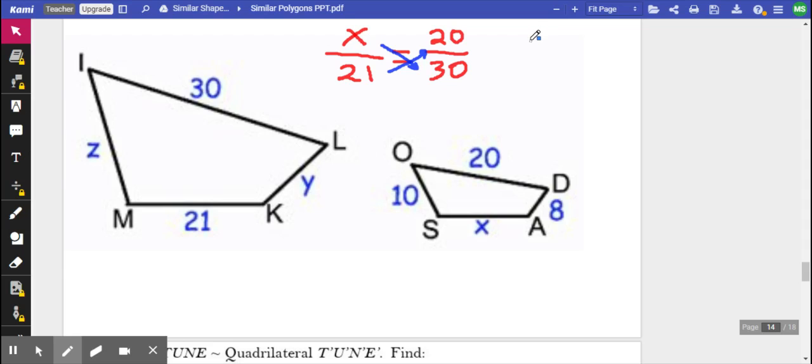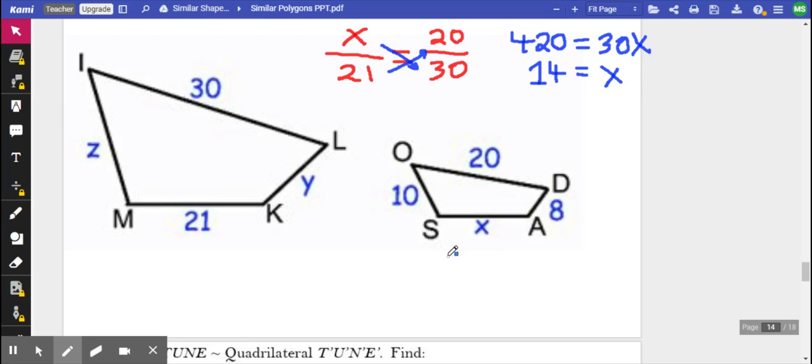And then I would take those answers and have them over here to the side. So 420. 420 would be equal to 30x. And then you would just divide by 30 to get the answer for x to be 14. So that would solve for us what x is going to be.